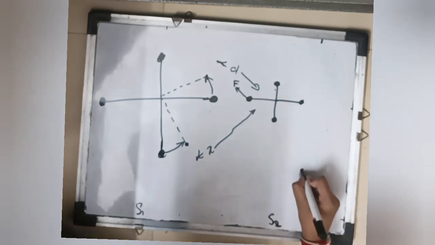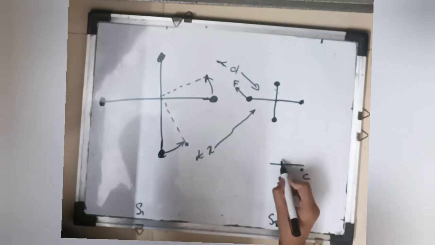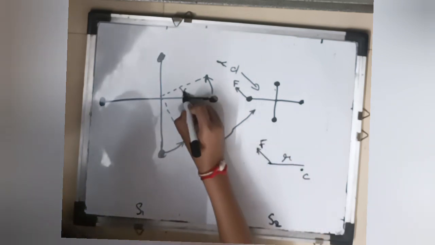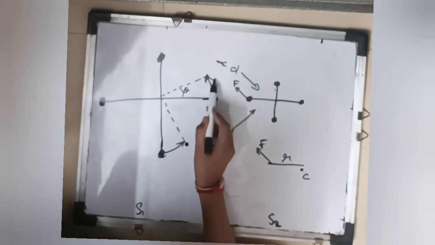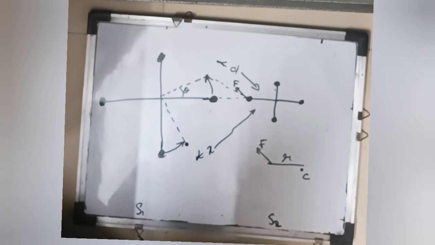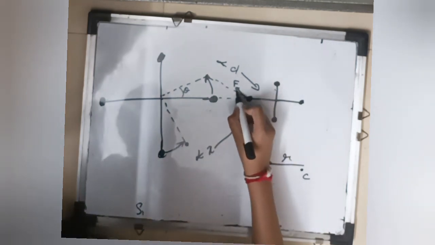Now let the center of spinner 2 be C, and at the distance r let that magnet experience the force F. Let the angle rotated be theta, and let this angle be alpha.